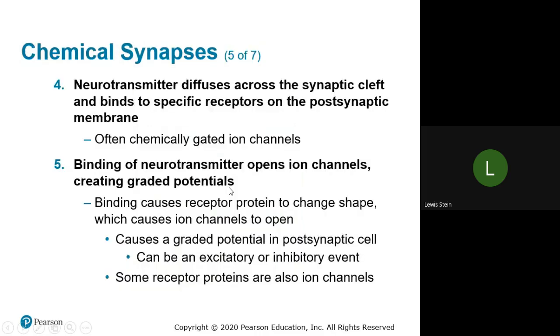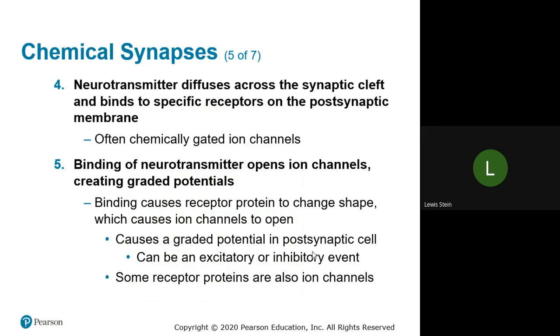And you've seen illustrations like this: the neurotransmitter diffuses, binds, and opens chemically gated ion channels, creating, just like end plate potentials, graded potentials that can be excitatory or inhibitory. Some receptor proteins are different, and it's a subtle difference, as you will see.